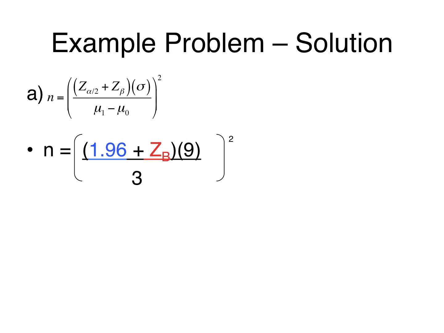Our second Z score, Z beta, is the value of Z with an area of beta in the tail. And this is because 1 minus beta equals power. So we subtract our desired power of 0.8 from 1 to get 0.20. So we want a Z score with a corresponding probability of 0.20 in the upper tail.